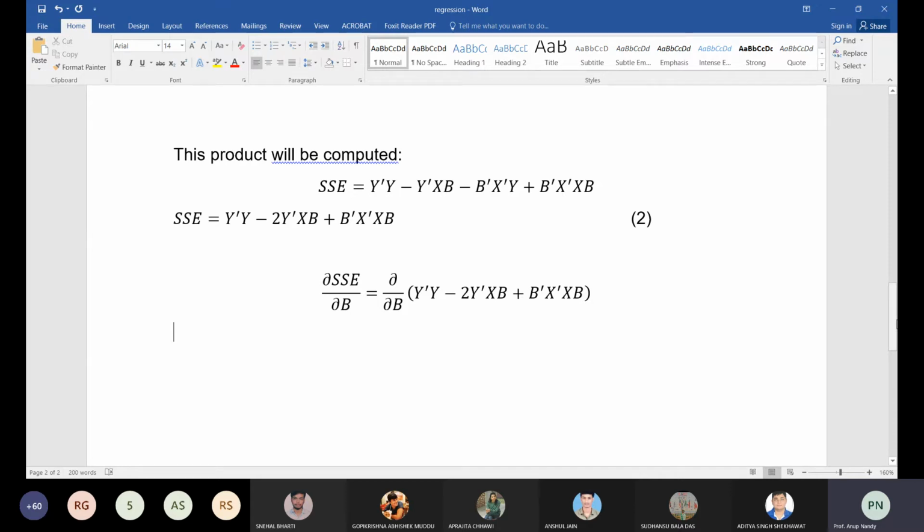So if you differentiate with respect to B, the derivative is 0. So del B of y transpose y will be 0.